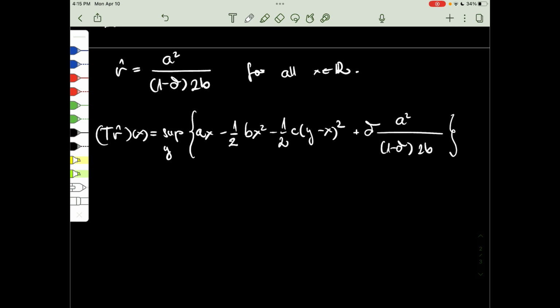Our decision variable or control variable is next period capital stock, y. So we need to differentiate the Bellman equation with respect to y, and this is the first order condition we have.